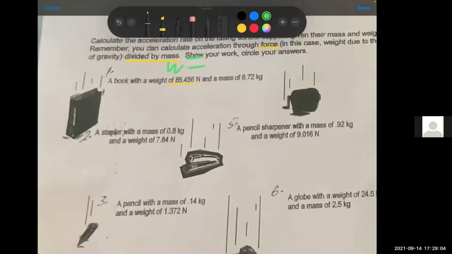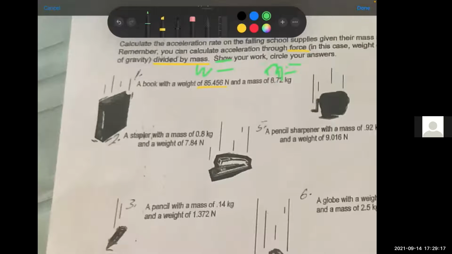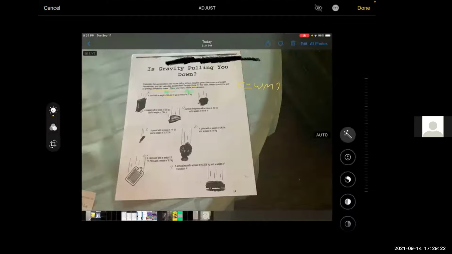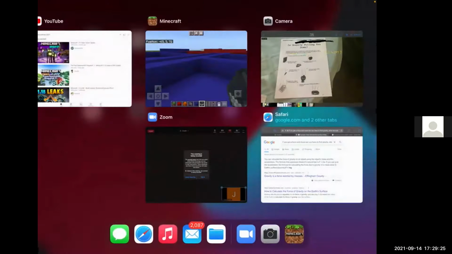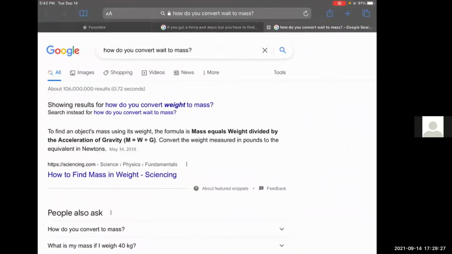And this is your mass. Mass equals weight divided by gravity.